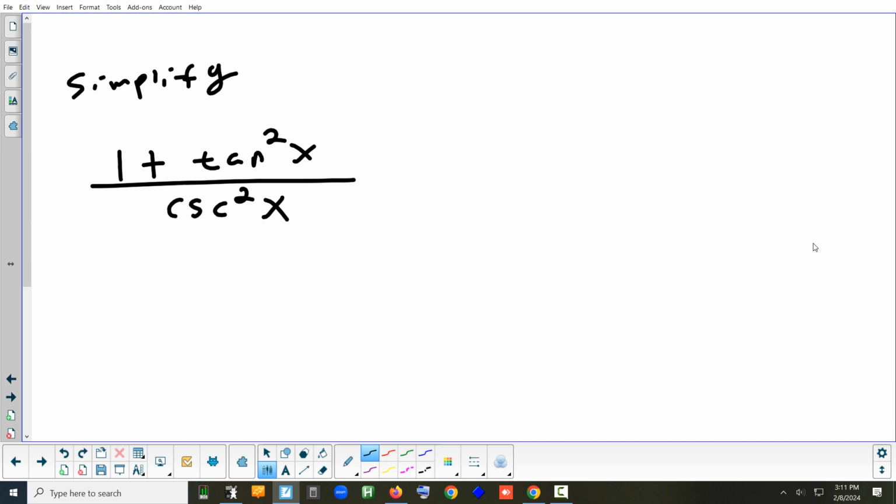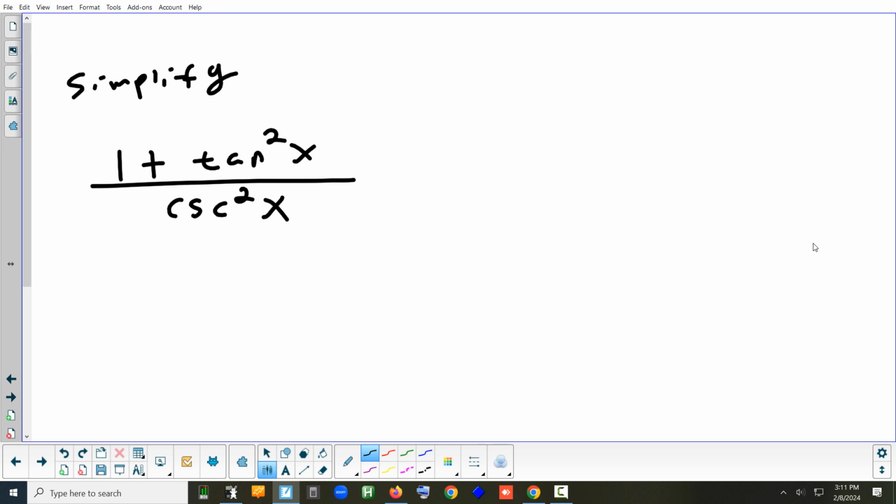Anything else? Changing it to sine and cosine. Okay, so we could try changing everything to sines and cosines. That generally will always work, but it tends to probably be the longest way to do it. Sometimes it could be the shortest, but it's usually a longer way.